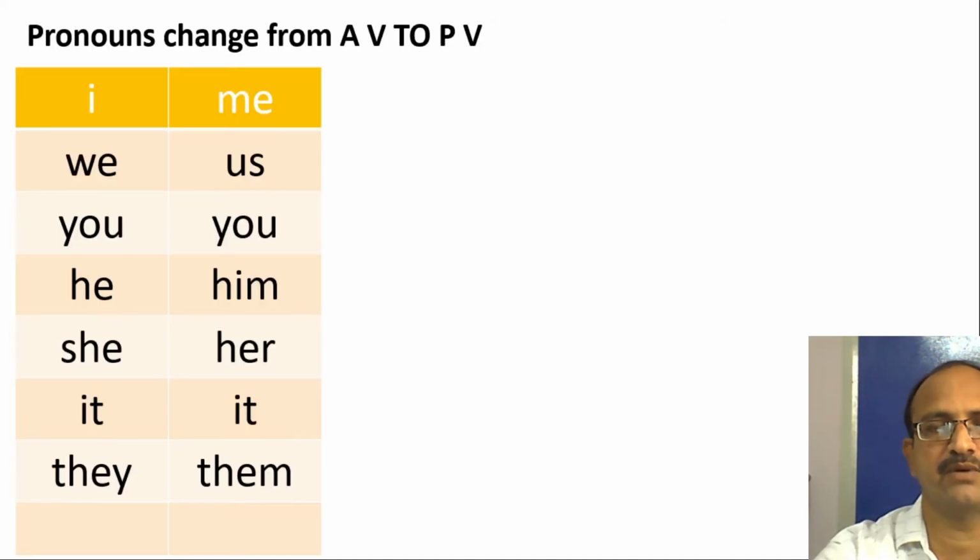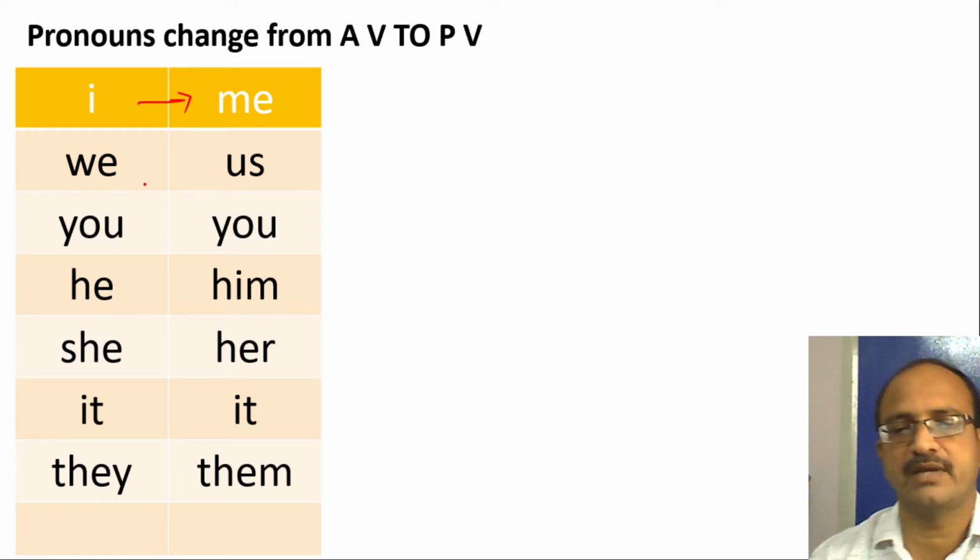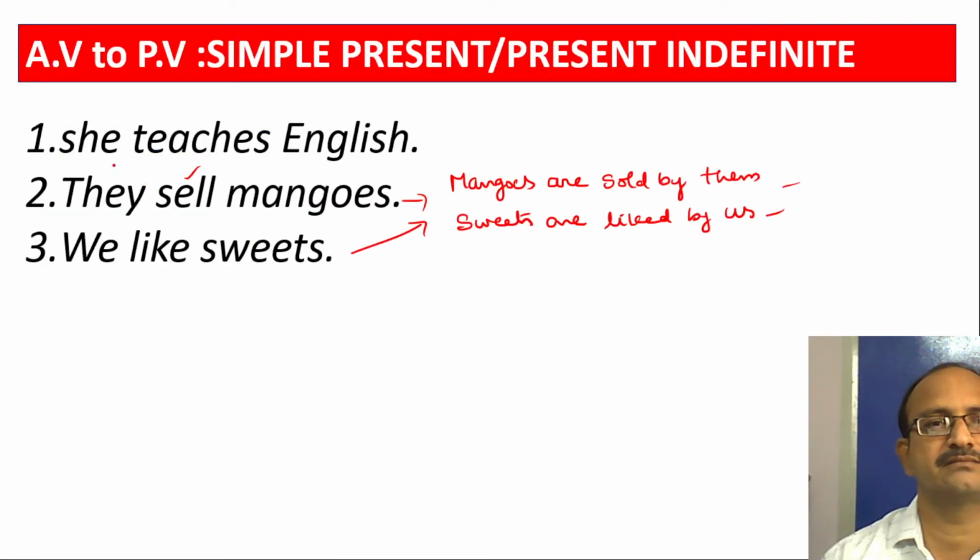Before going on, this is not only for the simple present tense model, but for all models. When the subject is I, what is the objective case of I? That is me. Look here: I change they into them. When as a subject it is they, as an object it is them.